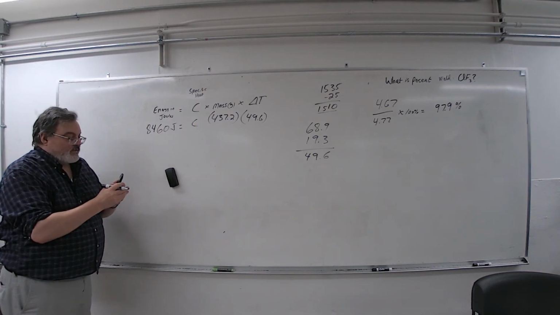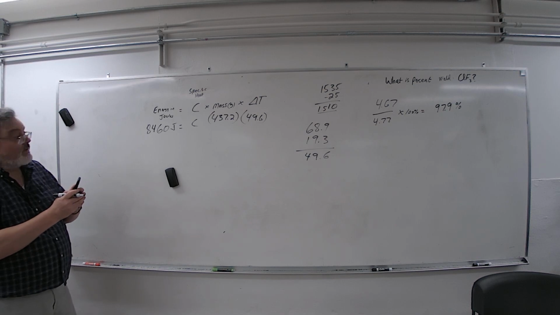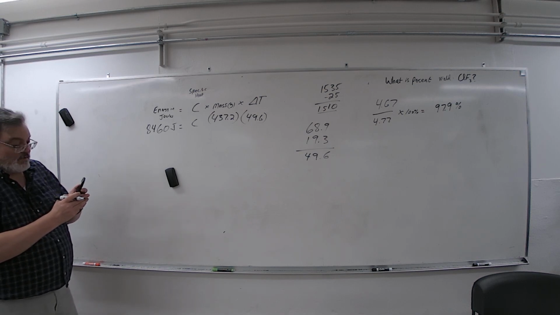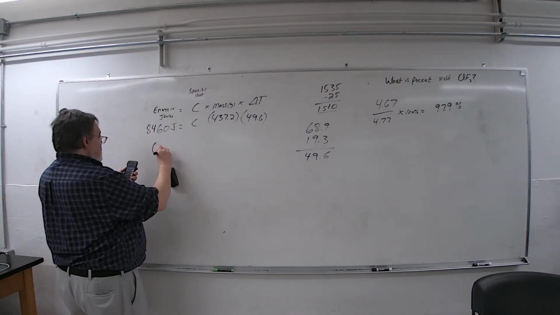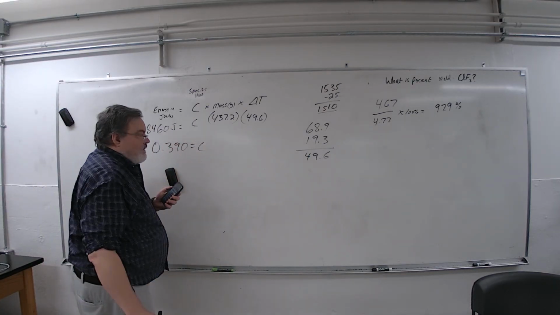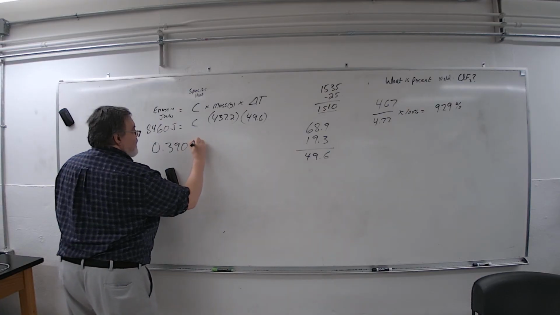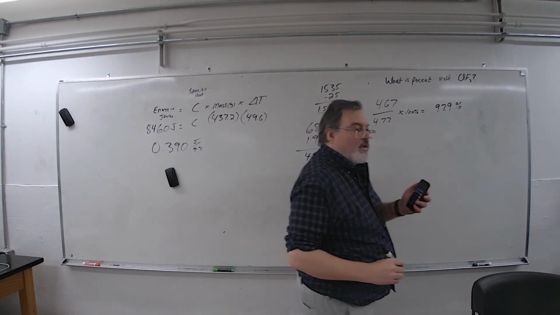Now that we're solving for C, 8460 divided by 437.2 divided by 49.6. So I should say joules per gram per degree C, 0.39.